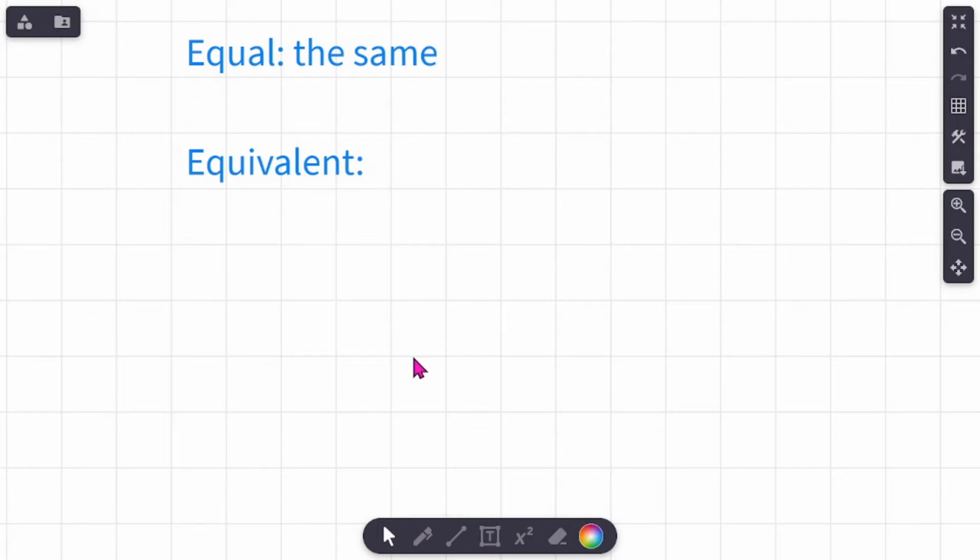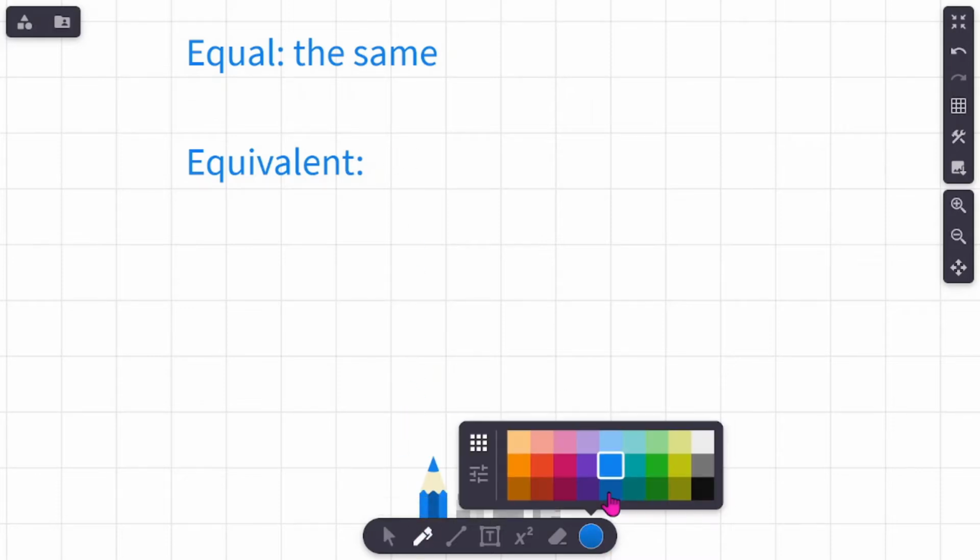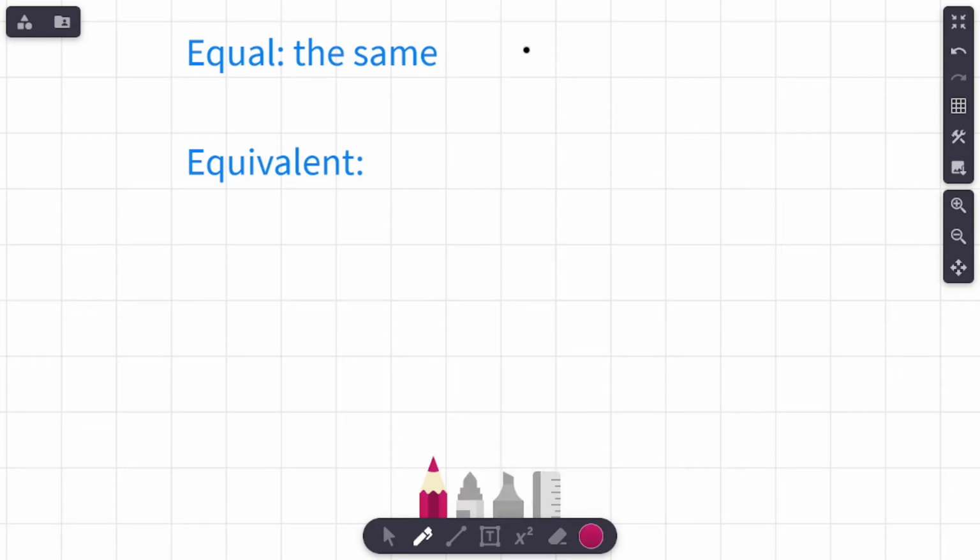And what we mean by that is when we say it means the same, it means that if you had a number, let's say you have the number 3, well, 3 is equal to 3. Those are equal. They're the same. If you had the number 17, that is equal to 17. Okay, the word equal means the same, and that's something you already know.